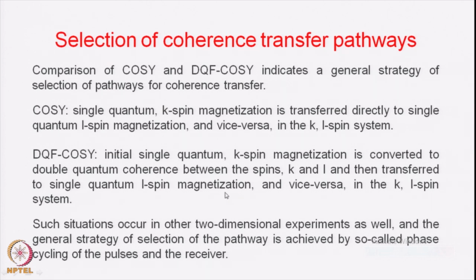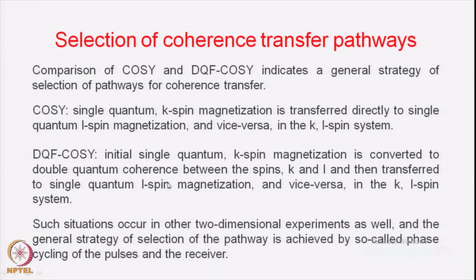But the double quantum signal is not observable as we have seen before, and therefore it has to be converted into observable magnetization, and that is done by the 3rd pulse which we apply in the double quantum filtered COSY pulse sequence. And then we observe the magnetization.